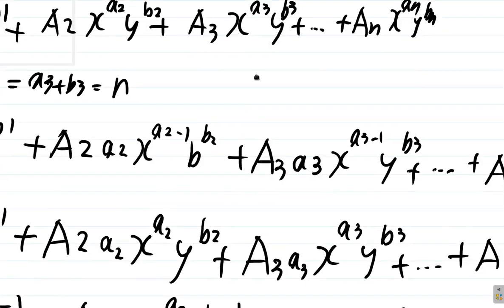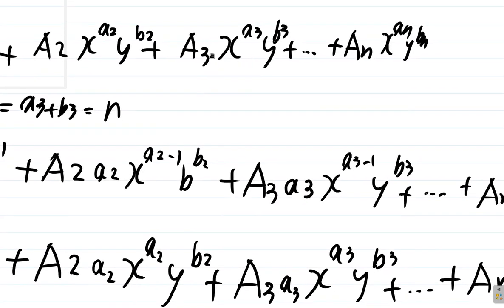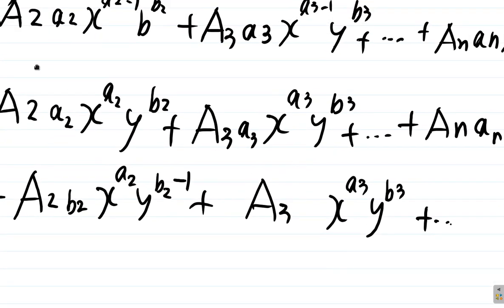So that's what we had. A capital A3 x to the A3 y to the B3. Then when you differentiate this, B3 is going to come down. So you have B3. Remember, these are subscripts. Then we're going to minus 1 from the B3. So we have that. Plus.